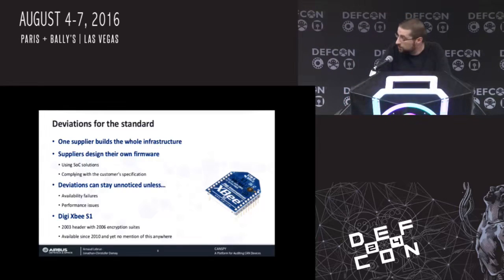This chip has been around since 2009, 2010, and nowhere on the internet we could find mention of this. And actually, we did get to talk with a DG engineer, and they realized this deviation by talking to us. So really, when I say that they can stay unnoticed and it's quite easy to encounter them when you're doing audit, that's really true.